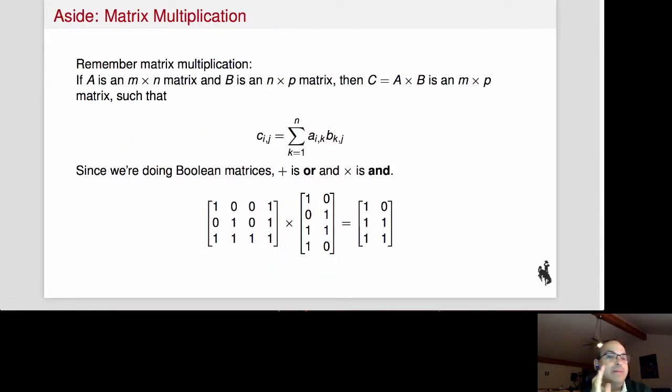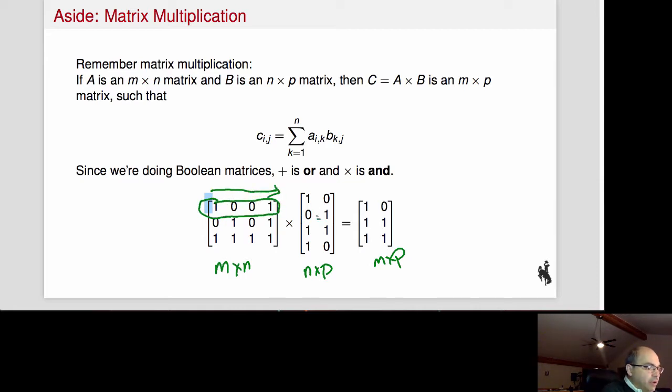Okay, well, I want to remind you about matrix multiplication. With matrix multiplication, what we do is we multiply an m by n matrix by an n by p matrix, and the result is an m by p. Okay, and what we do is we go down a row here, and we go down a column there, and we just take products of corresponding terms, and then we add up all the products.